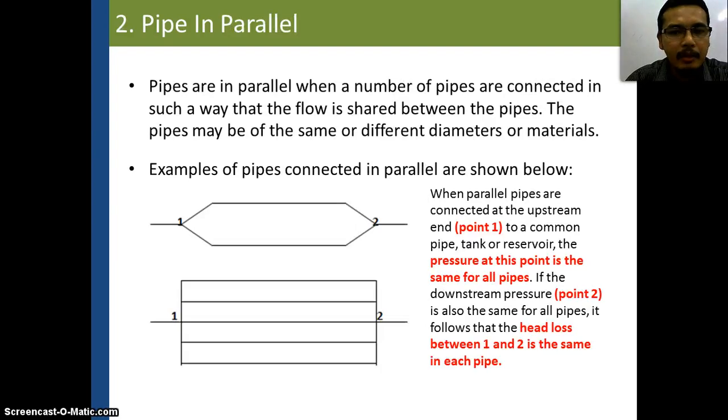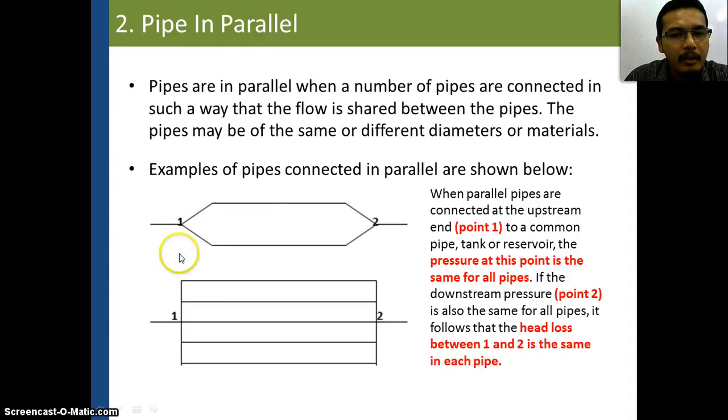Now pipe in parallel. Pipe in parallel is quite simple. As we have learned in the last chapter, pipe in parallel means that one pipe splits into two; the minimum split is two. If there is no split, only one connection, then it is pipe in series.